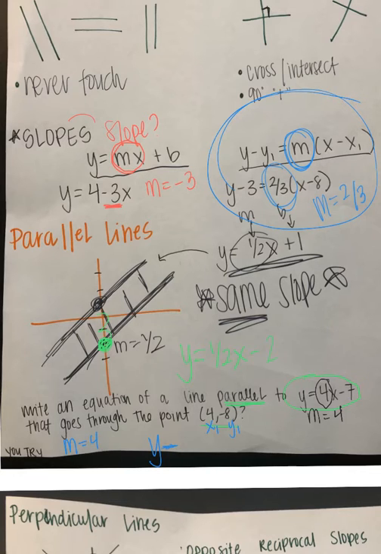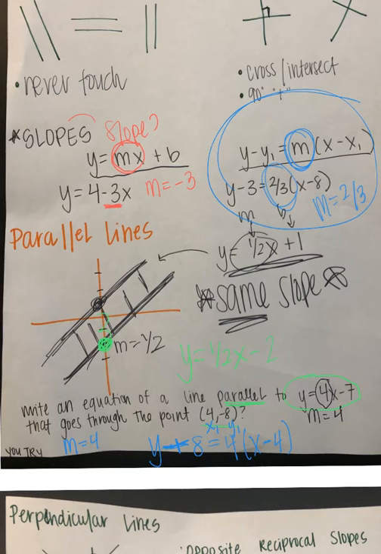My y1 value that I already marked is -8, so y minus -8 equals m, and we know the m is 4, parentheses x minus my x1, which is 4. This is almost perfect. The one thing I need to notice is I have minus and negative, so that's going to become a positive.